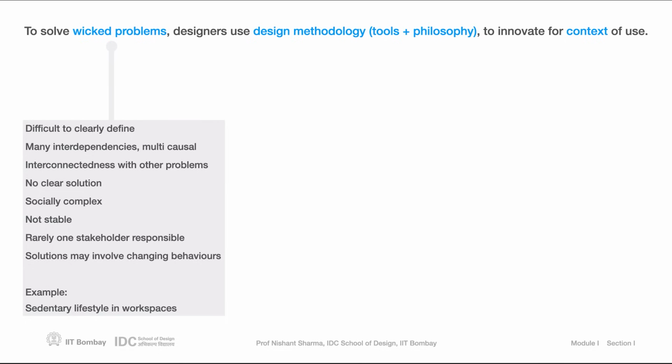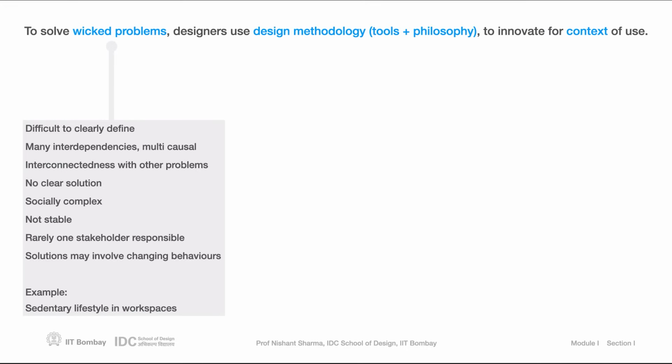Design problems are influenced by a multitude of interconnected factors, including user preferences, aesthetics, functionality, and technical limitations. Wicked problems also have social and cultural influences. Design is influenced by cultural, social, and individual perspectives, which can be subjective and challenging to reconcile.